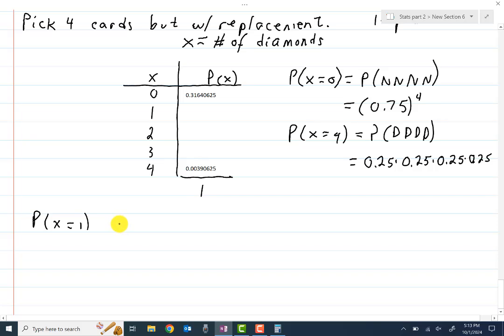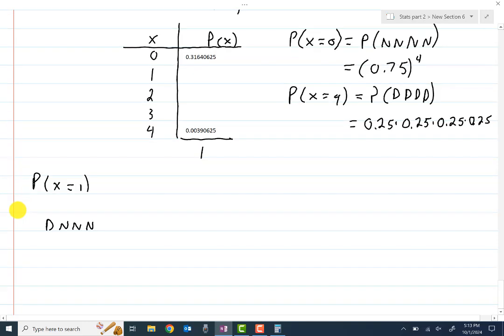So what are my situations that I have? For one diamond, I can do diamond, no diamond, no diamond, no diamond. But then the diamond could appear in the second slot instead. See, these are easy to count all these possibilities. It could then occur in the third spot. And then finally, it could occur in the fourth spot.